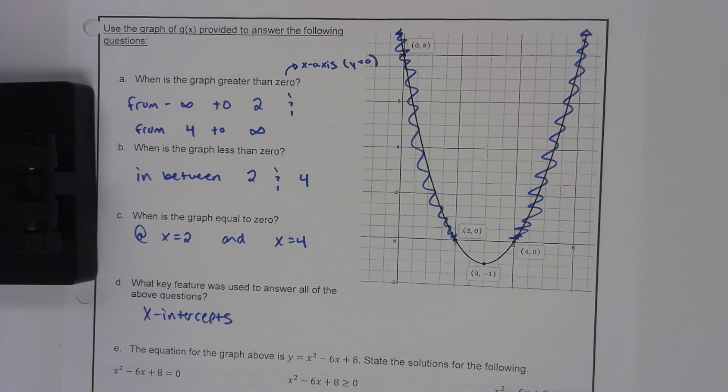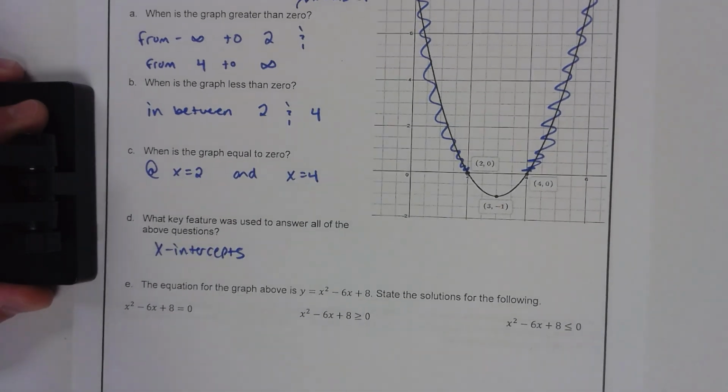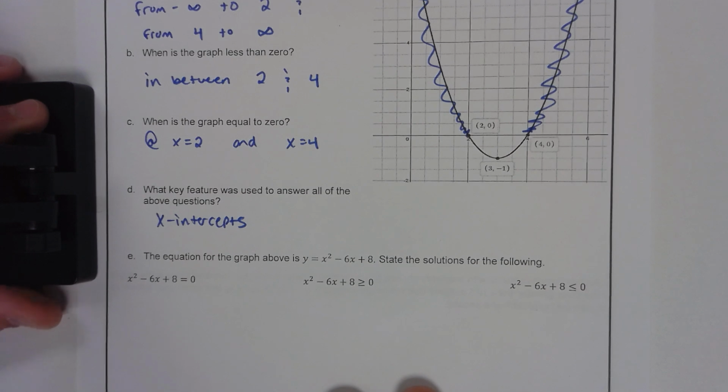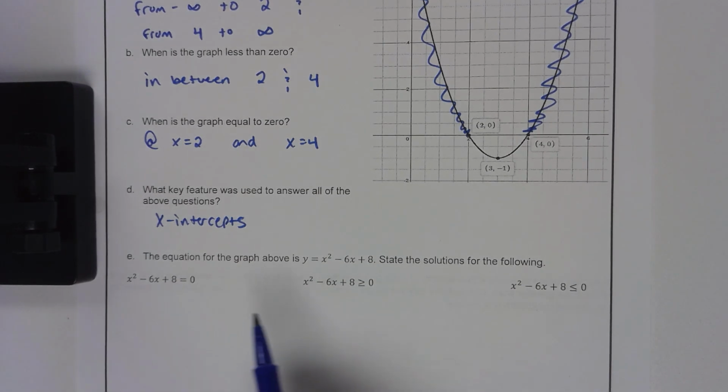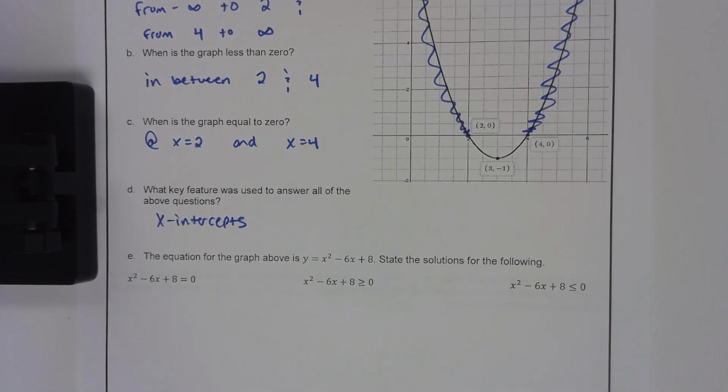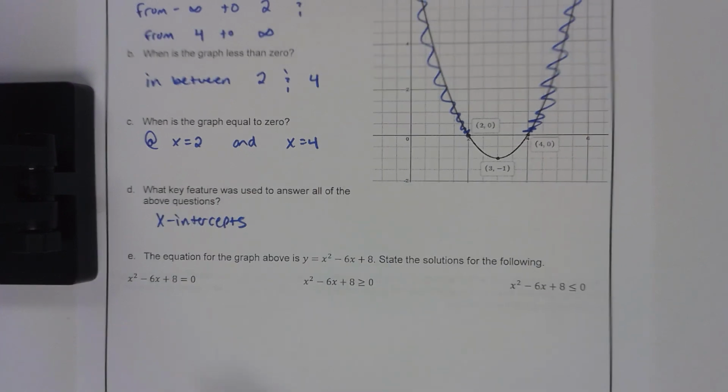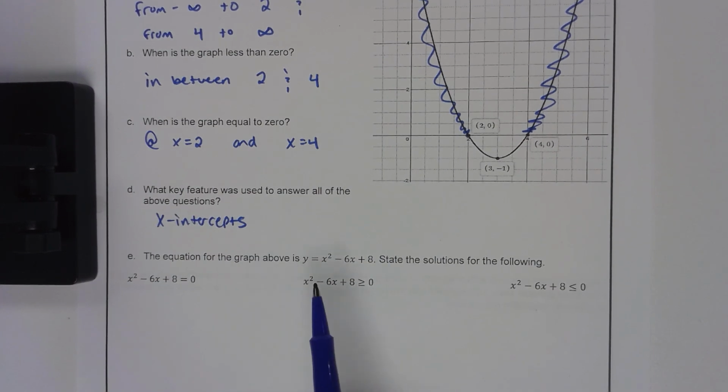So all of this conversation directly leads to an inequality, or even an equation. So we'll make all these connections about what it means to solve an equation and what this means for the inequalities as well. So the equation of the graph that we were just looking at is x squared minus 6x plus 8.